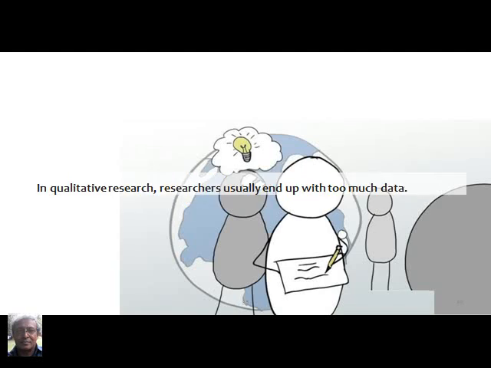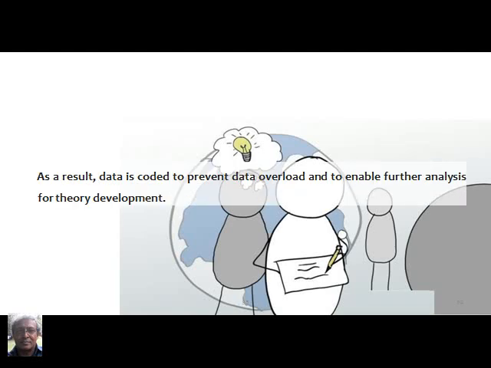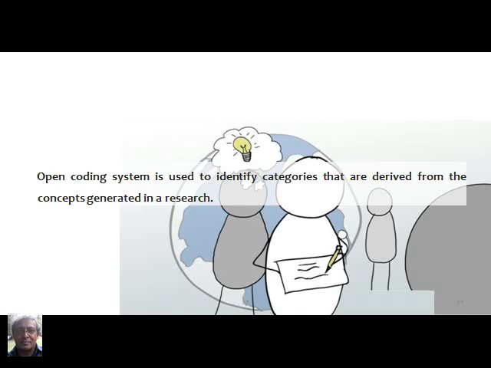In qualitative research, researchers usually end up with too much data. As a result, data is coded to prevent data overload and to enable further analysis for theory development. Open coding system is used to identify categories that are derived from the concepts generated in a research.